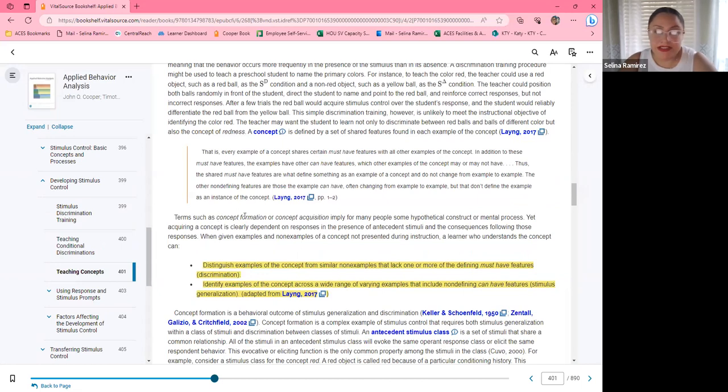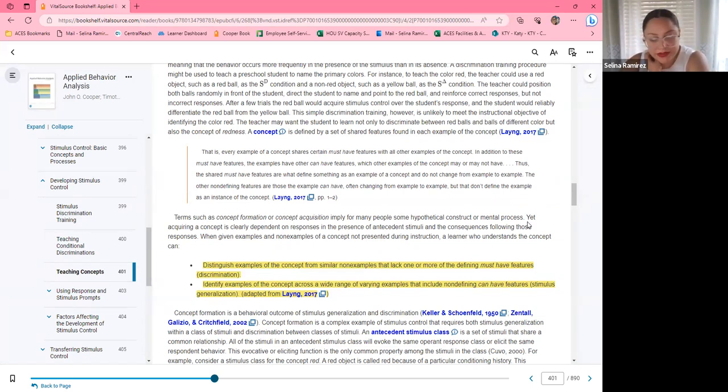Okay, so terms such as concept formation or concept acquisition imply for many people some hypothetical construct or mental process. Yet acquiring a concept is clearly dependent on responses in the presence of antecedent stimuli and the consequences following those responses.